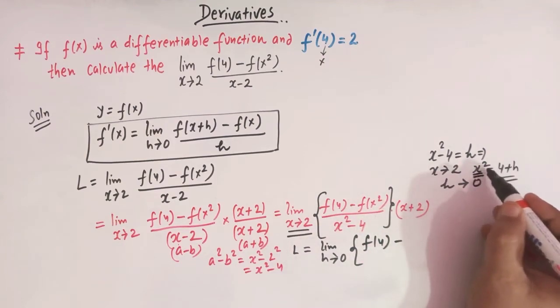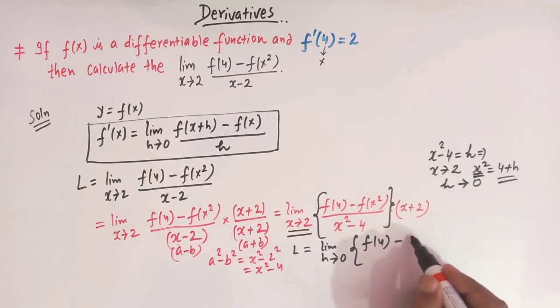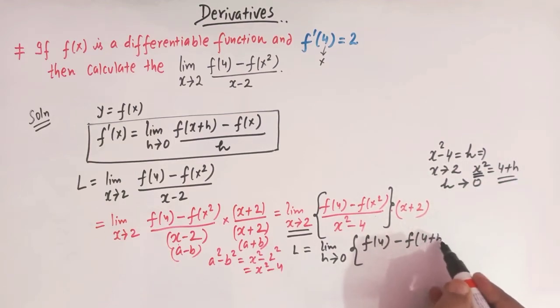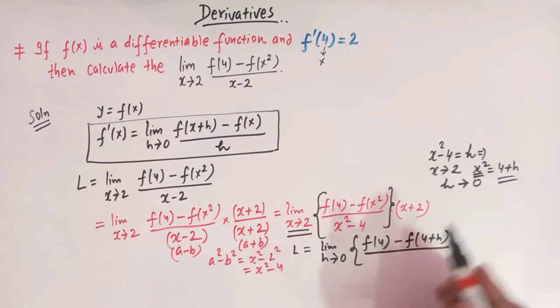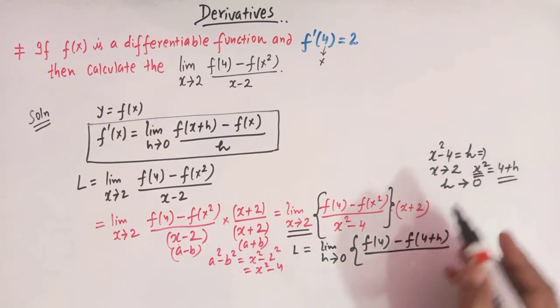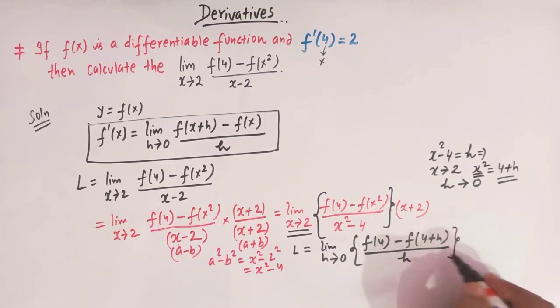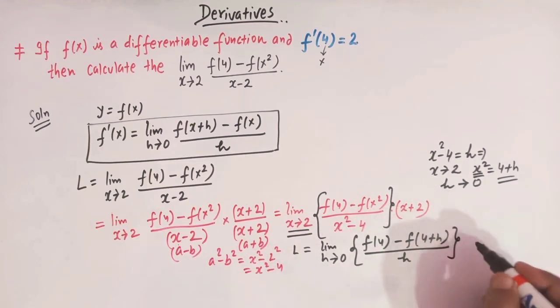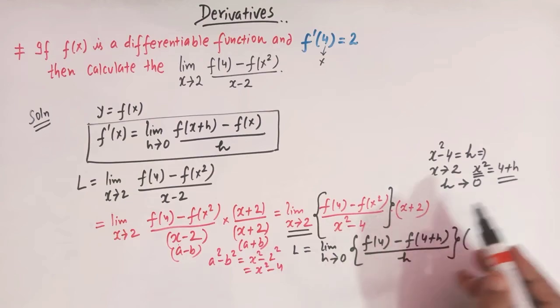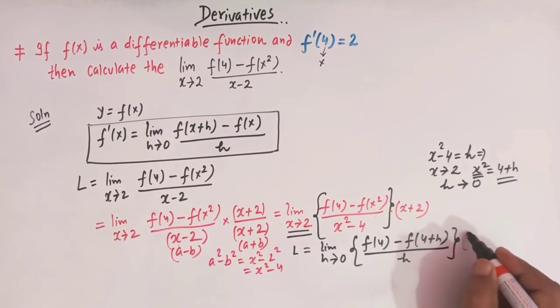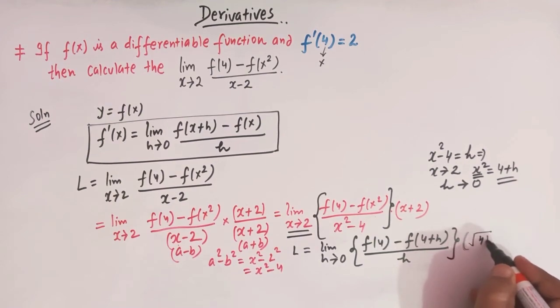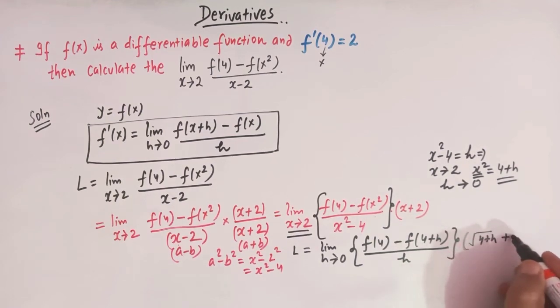For x square we can write 4 plus h, so we have f of 4 plus h, and in the denominator x square minus 4 can be written as h. And here we have x plus 2, so x can be replaced by square root of 4 plus h, plus 2. So now we have this limit.